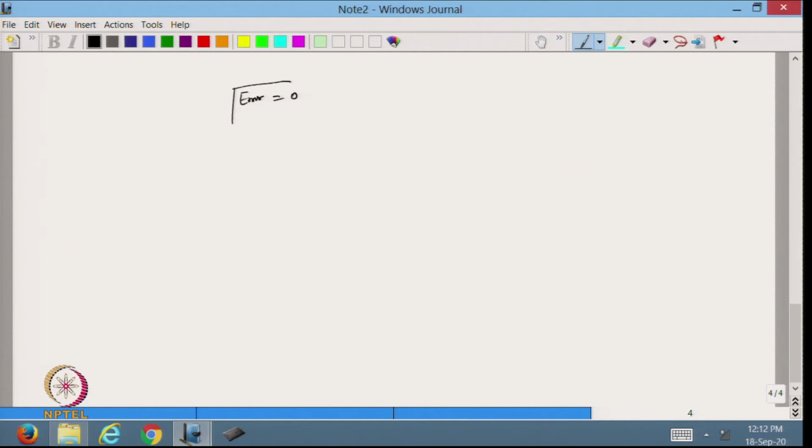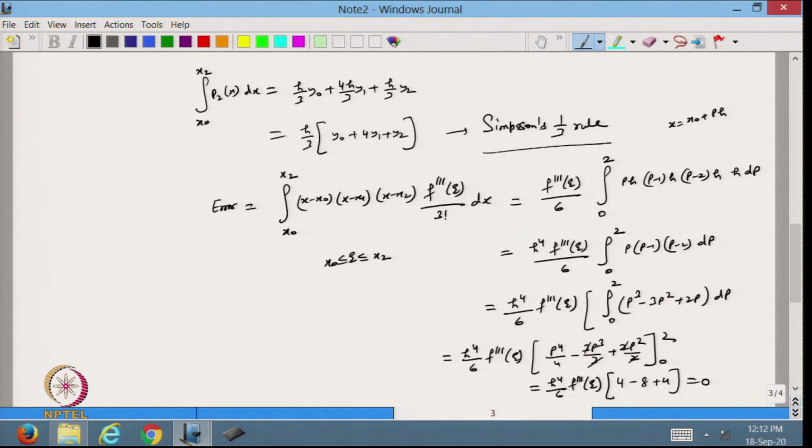So, that shows that, if I choose this error, you know that x minus x0, x minus x1, x minus x2 multiplied together is a cubic polynomial. So, in this case it is giving the error 0.